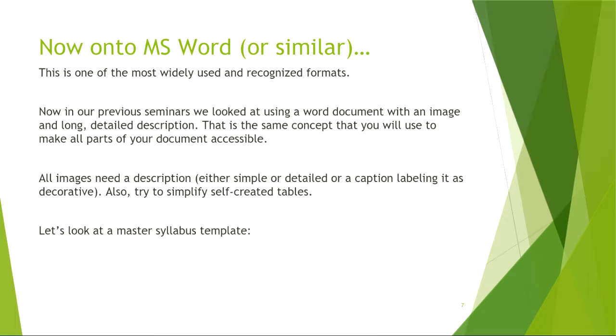And one of the things you want to do is go back and look at those first two seminars, because if you're going to use those images, you still need to make sure that information is with that image.